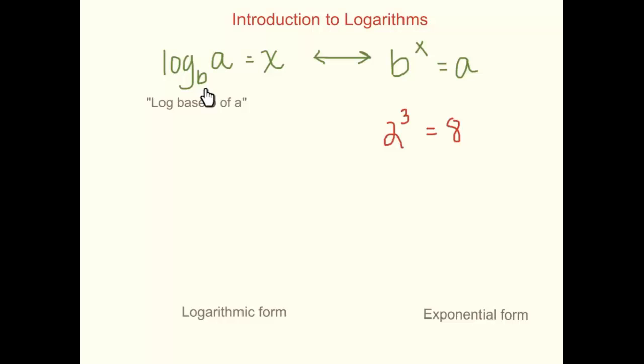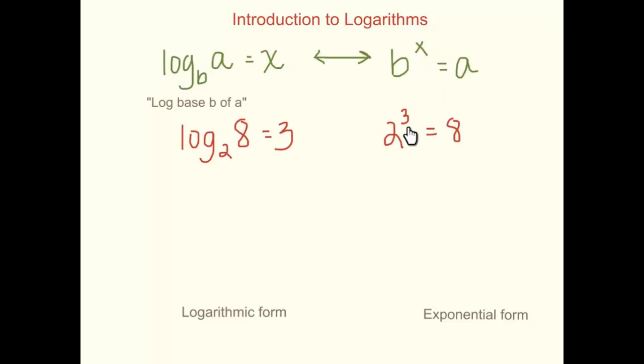I can write log base 2 of, now I notice that the a is the next thing I would write down, and the a is in the same place as the 8. So I can write log base 2 of 8 equals 3. We notice that the x is in the same place as the 3.